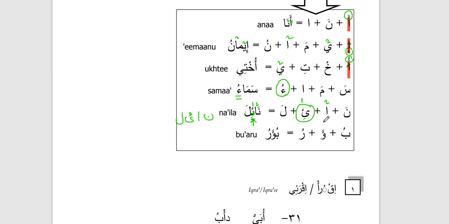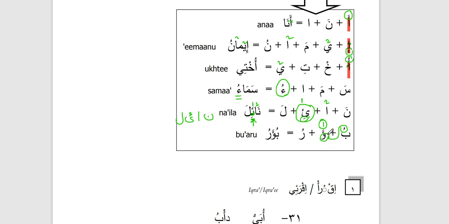Bu-aru. One count. Now, why did hamza come with wow here? The seat has been changed. Why? Because of the harakas. Here it came with this dotless ya because of the haraka kasra, because this letter corresponds with the kasra. Now wow has come here because it corresponds with the dhamma.